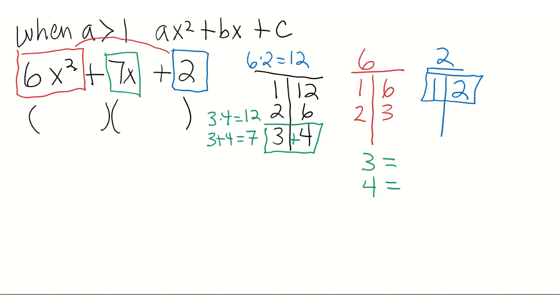And what I need is one factor of my A to multiply one factor of my C to get each of those numbers. So in order to do that, that tells me I'm going to want to use my 2 and 3. Multiply the 3 by the 1, I'm going to get 3. When I multiply 2 by 2, I'm going to get a 4.